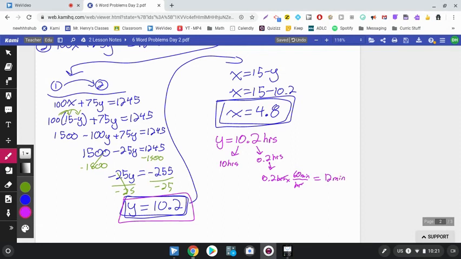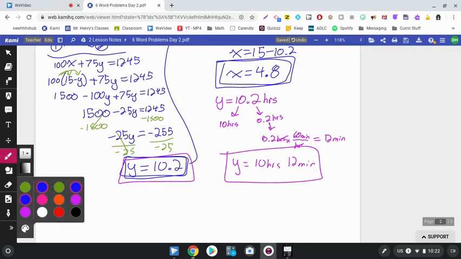Okay, so y equals 10 hours and 12 minutes. It might not ask you to do that. It might just say, oh, okay, 10.2 hours, that's fine. But I just wanted to make sure we're aware that's 10.2 hours, and then I'd have to convert the decimal part if I wanted to talk about minutes.